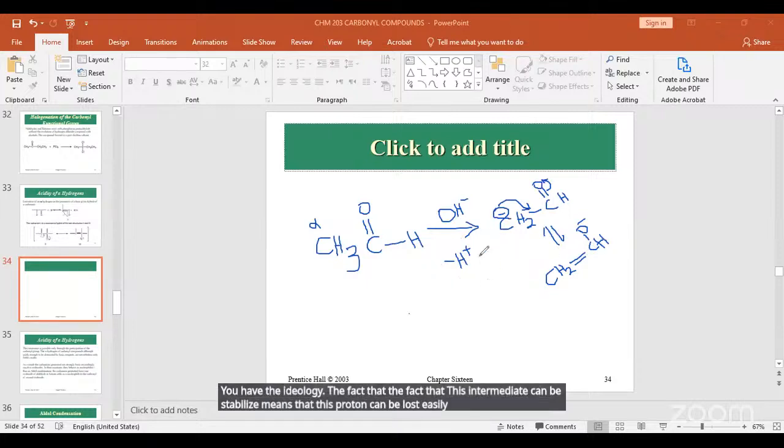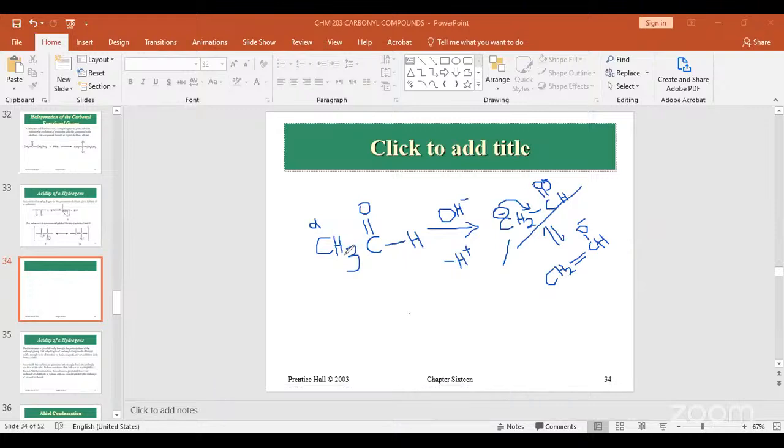And once that proton is lost, this particular intermediate formed can now react with another ethanal to form a new compound.